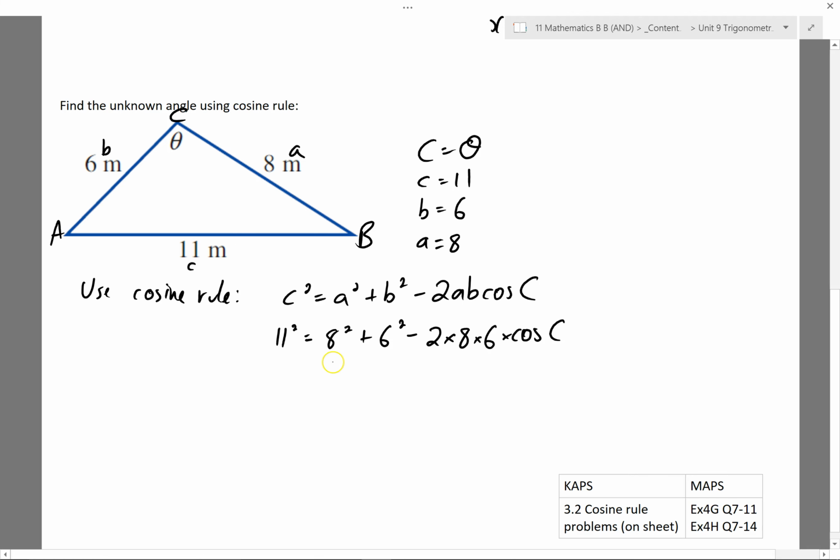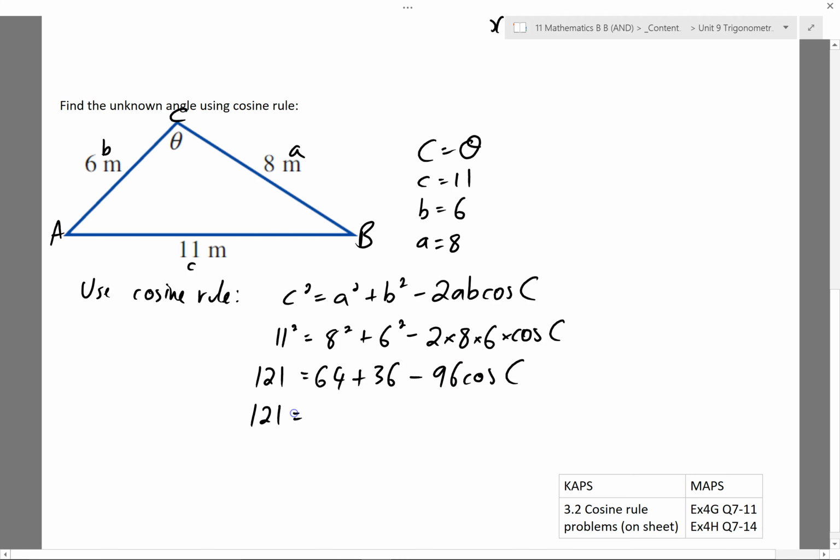A common mistake is to put all this as just the one number. Okay, can't do that. If you're going the numeric approach, a lot of people like to find what these numbers are. So 121, whatever it is, 64, 36, and 96.